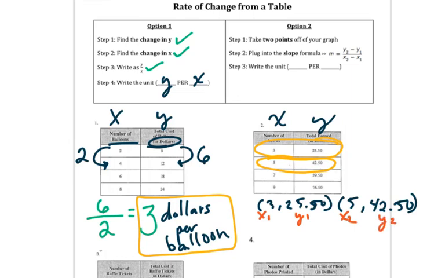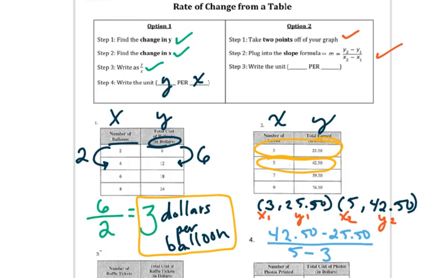So I can use the slope formula to get the slope of my line. Again, it's just the change in y. My change in y is 4250 minus 2550 over my change in x's, which is 5 minus 3. It's an ugly 3.